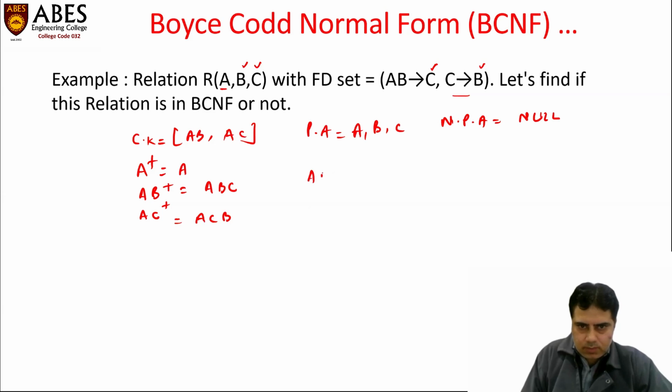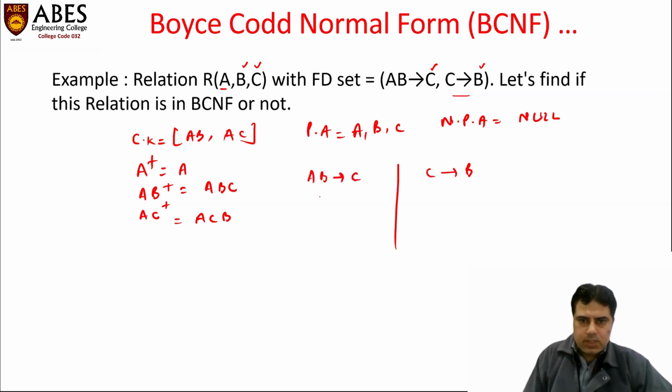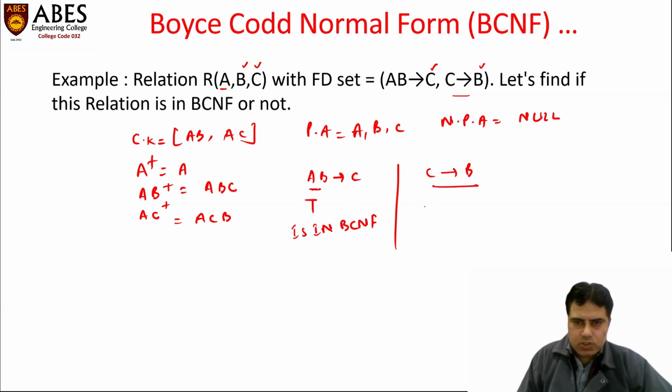Now check the given functional dependencies for BCNF. The left hand side should be a candidate key. For AB determines C, this is true, so this functional dependency is in BCNF. Now check for C determines B. Left hand side should be a candidate key. C is the candidate key?